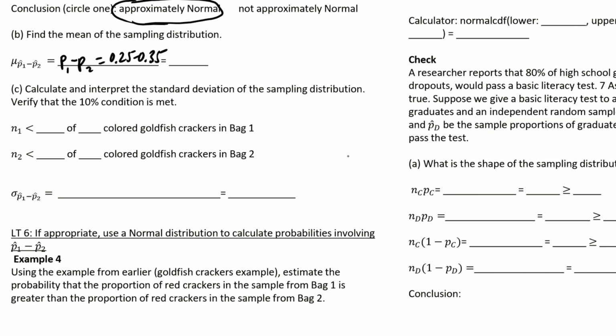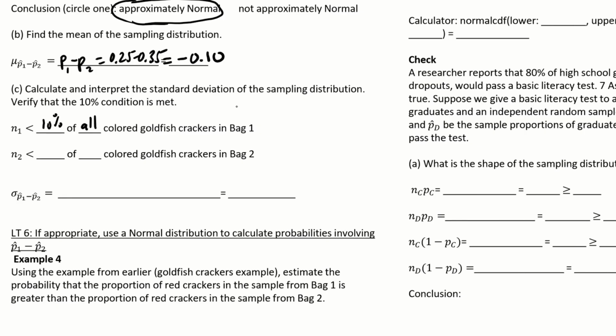So it's okay to get a negative mean of proportions here, because you can get a negative difference. That's fine. All right, so now calculate and interpret the standard deviation. Again, let's do the 10% condition. The sample size 1, which is 50 crackers, is going to be less than 10% of all colored goldfish crackers in bag 1.